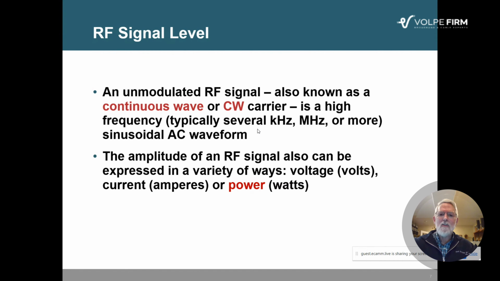But it is a sinusoidal AC waveform, or can be. Of course, it can be a square wave or some other type, but we're talking about sine waves here. So if we think about an RF signal, we can measure an RF signal's amplitude in a bunch of different ways. We can measure its voltage in volts, we can measure current in amperes, and we can measure power in watts.